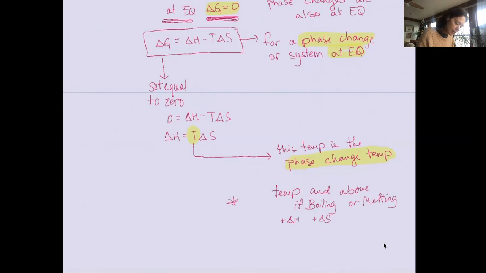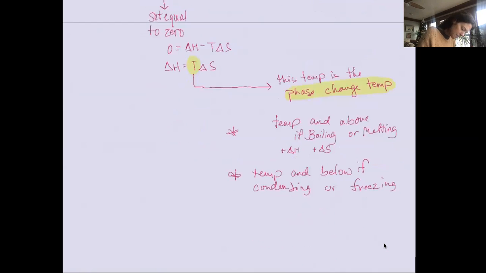And it is that temp and below if, let's see, condensing or freezing, right? Because that is the negative delta H and the negative delta S. So we need cold temps for these processes and hot temps for the others.